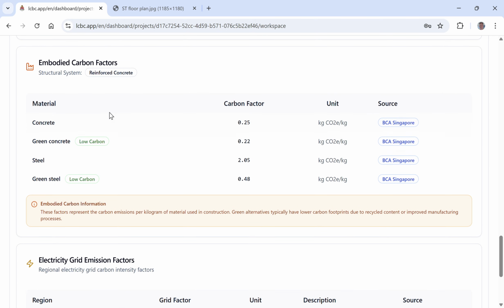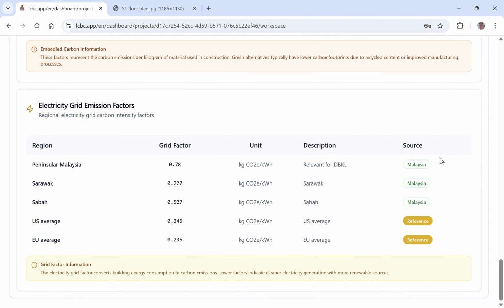We also have the embodied carbon factors for different building materials. This will likely be updated a bit, so it becomes more based on Malaysian figures. And here we have the electricity grid emission factors for Peninsular Malaysia, for Sarawak and Sabah, and just for reference what it is in the EU and the US.